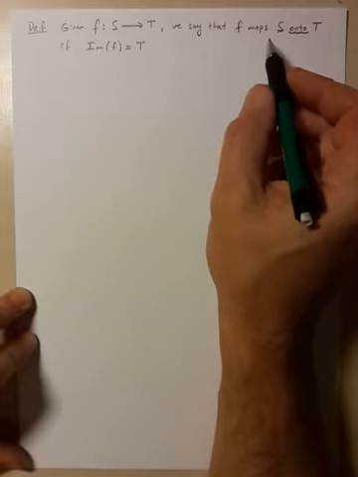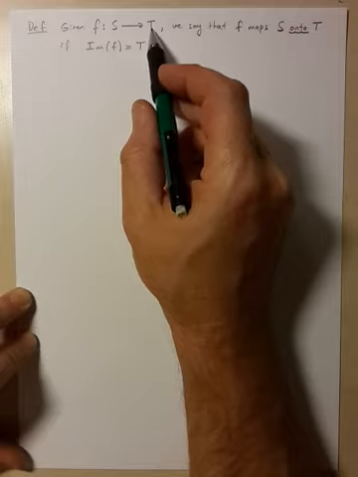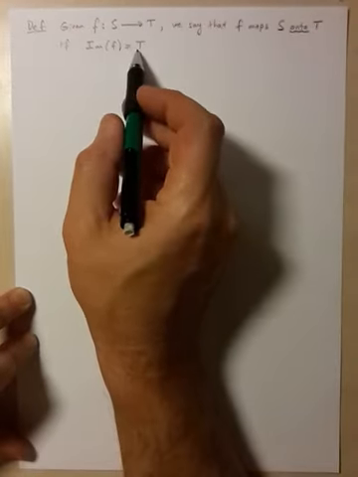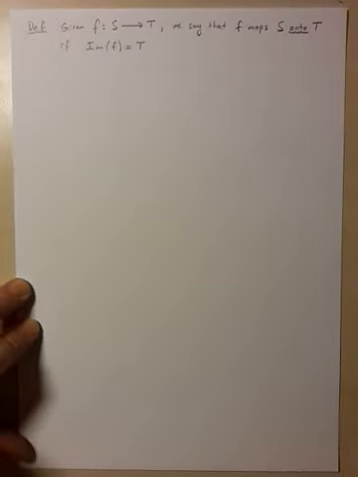We say f is onto, in other words, f maps S onto T if the image set of f is the whole codomain T. Right? This is how we define onto map.